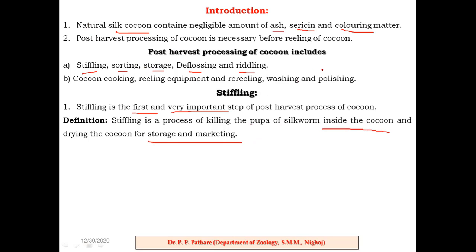During the larval period, the silkworm larva secretes a continuous thread of silk and spins the cocoon. After spinning the cocoon, the larva is converted into a pupa. This is the silkworm's resting or development period, and this pupa lives inside the cocoon.